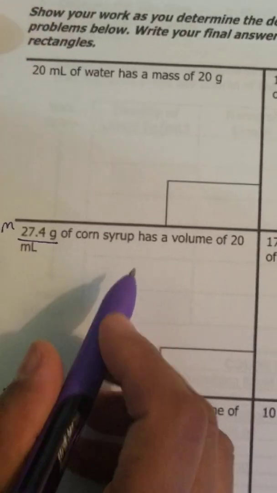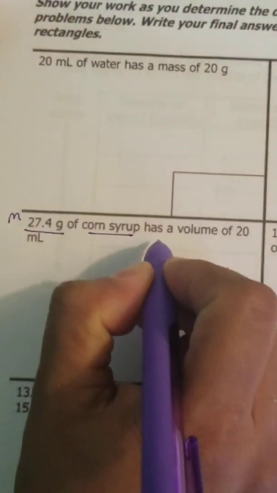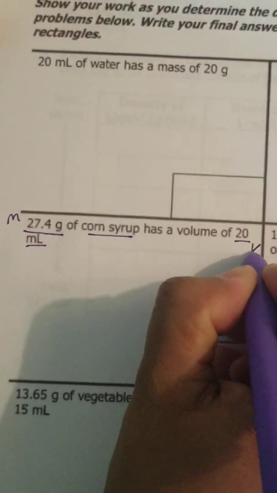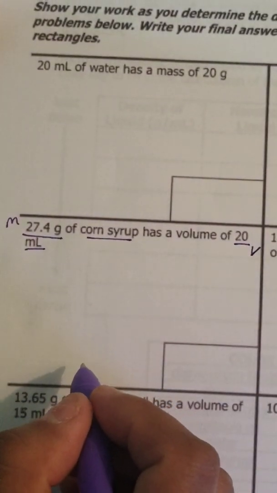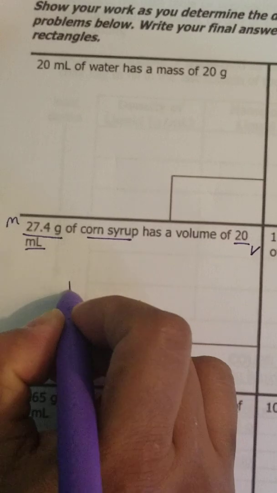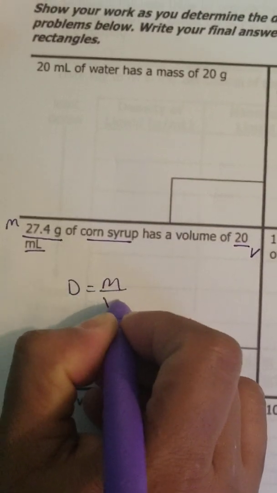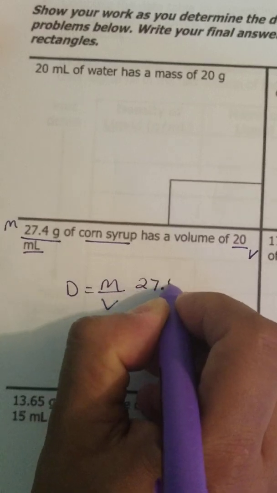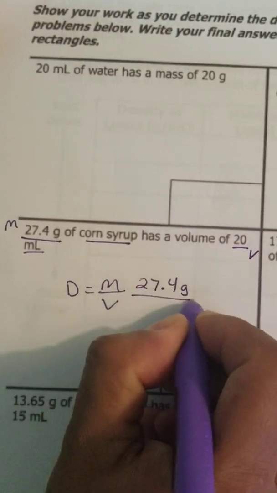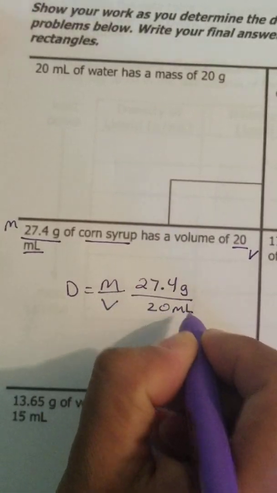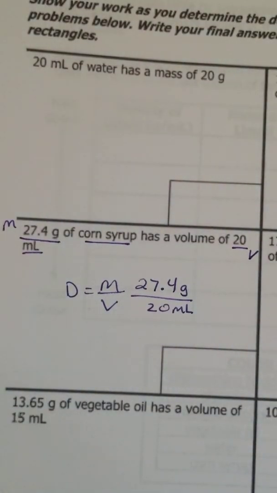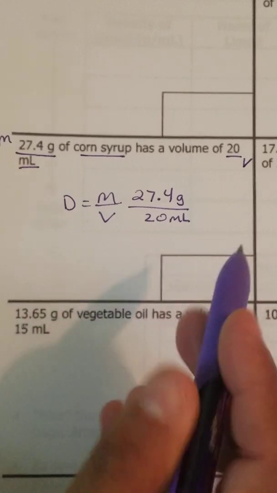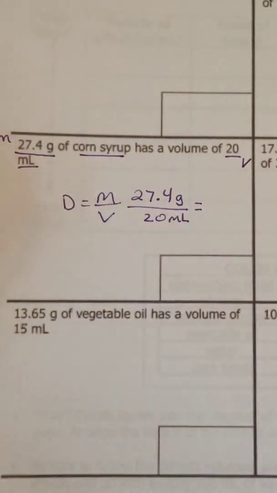27.4 grams of corn syrup, which has a volume of 20 milliliters. This is V for volume. We're looking for the density, it says. So density equals mass over volume, or the mass of 27.4 grams over 20 milliliters. Again, let's not forget, those SI units, just like algebra class, cannot cancel each other out, right?